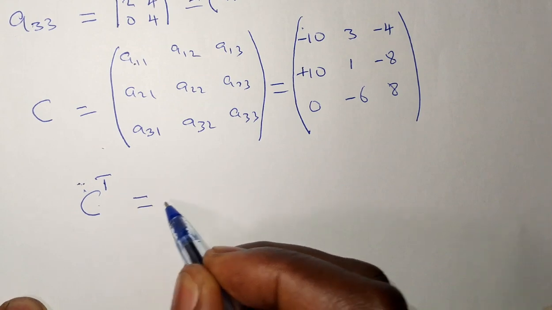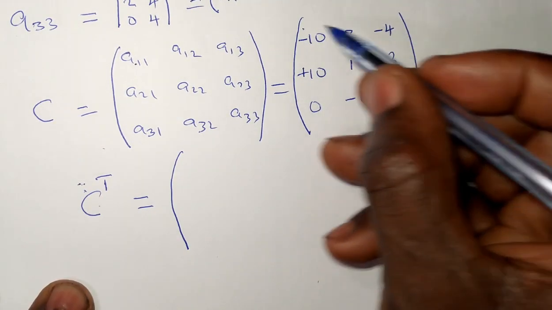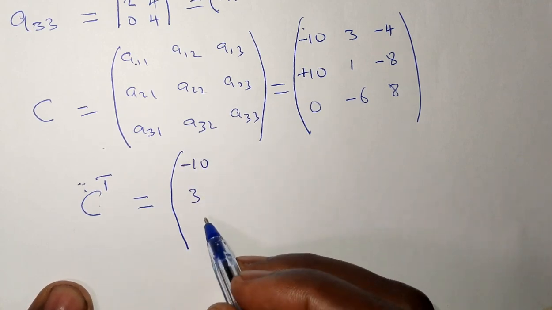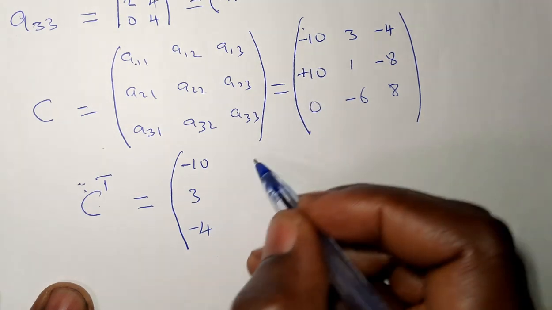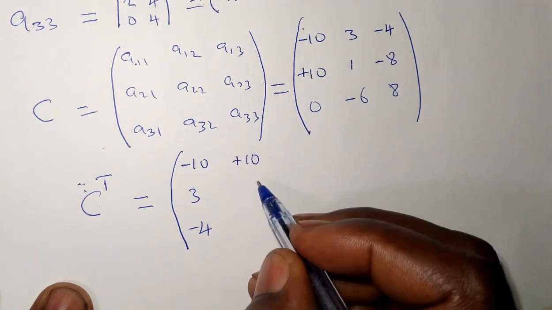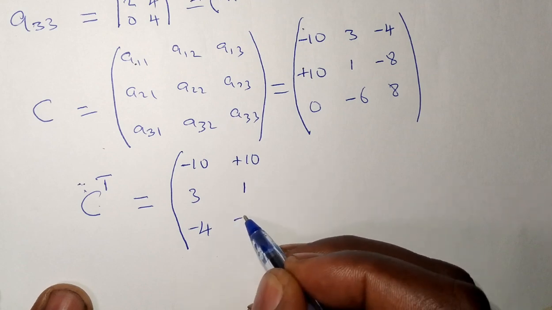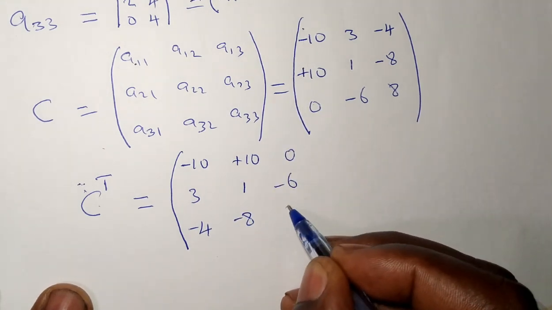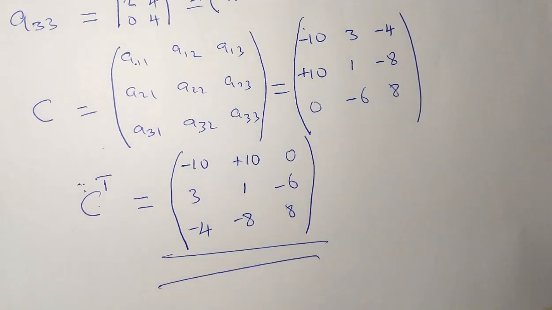C transpose will be the same thing as, you make row to be column, so that you have minus 10, 3, and then we have minus 4. Then you still take this one, plus 10, 1, and minus 8. Finally, we have 0, minus 6, and 8. So this is how you transpose a 3 by 3 matrix.